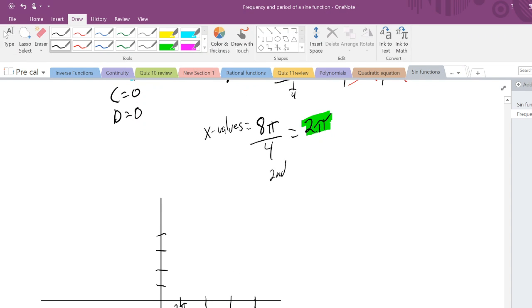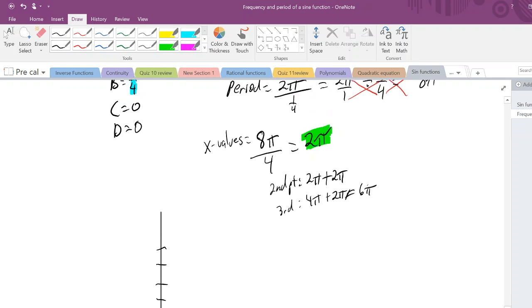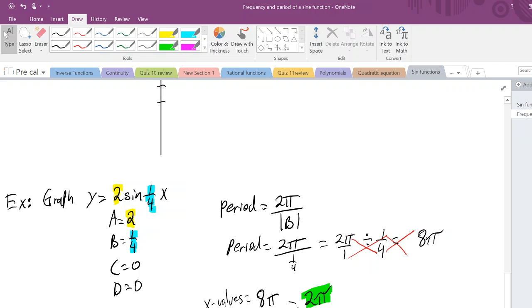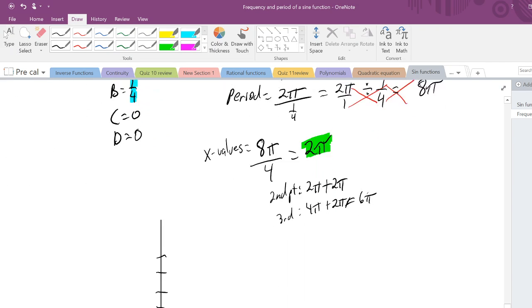So the second point is going to be 2 pi plus 2 pi, which is going to be 4 pi. And then the third is going to be 4 pi plus 2 pi, which is going to be equal to 6 pi, and this is going to be 8 pi. All right. See how the end is the end of our period, 8 pi. So that's what we want.